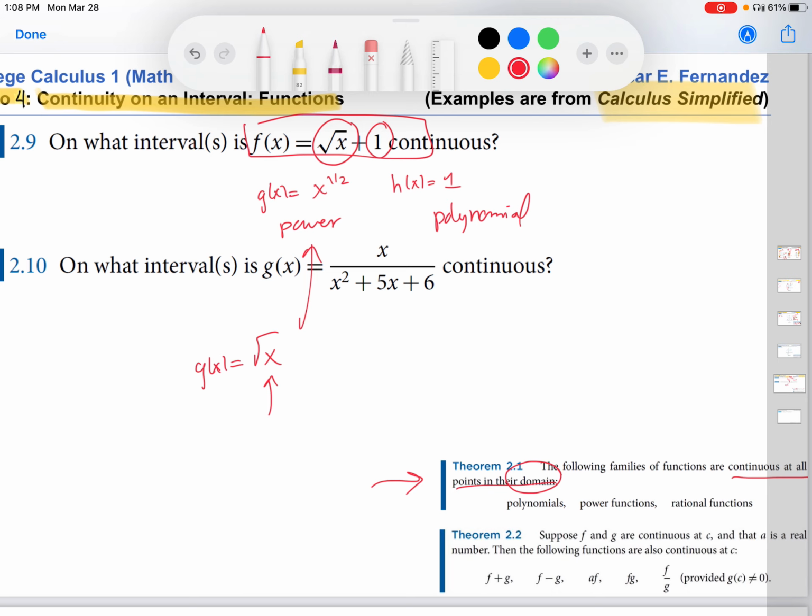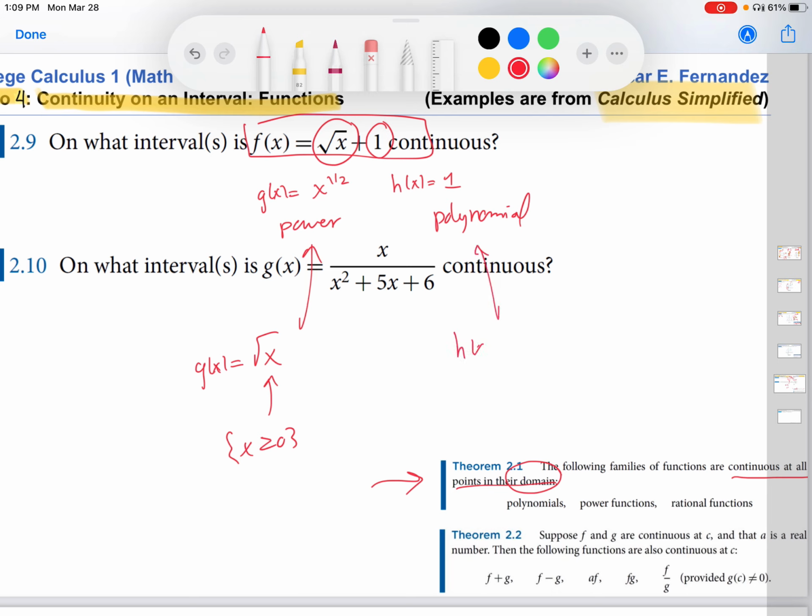The answer is x bigger than or equal to 0. If I plug in any negative number, I'm going to get the square root of, for example, negative 1. That is not a number in this calculus class. It is what's called a complex number, which you study in future math courses. But for us, the x value you plug in has to be non-negative, bigger than or equal to 0.